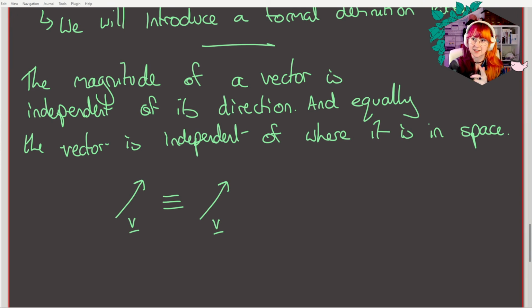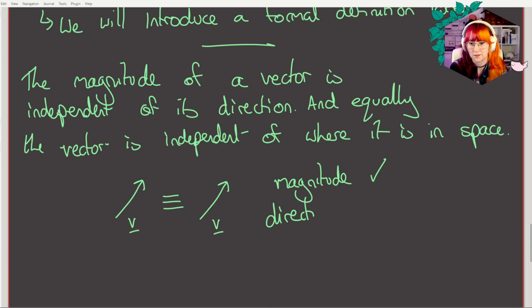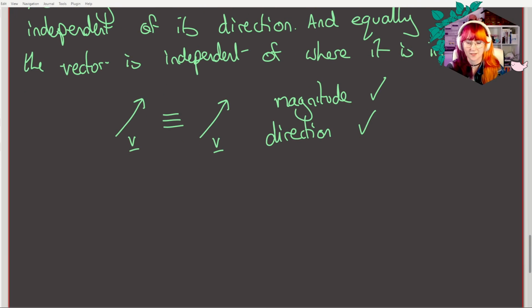They're not physically in the same location in space, but that doesn't matter. So magnitude is the same, direction is the same. That's the only thing that matters. And that's all we need for two vectors to be equal.